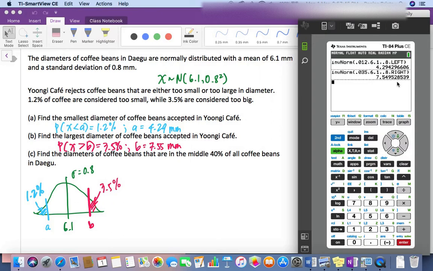The last question is to find the diameters of coffee beans that are in the middle 40% of all coffee beans. We could visualize it this way. In the middle 40%, the area here is 40%. We could choose variables c and d to represent that.